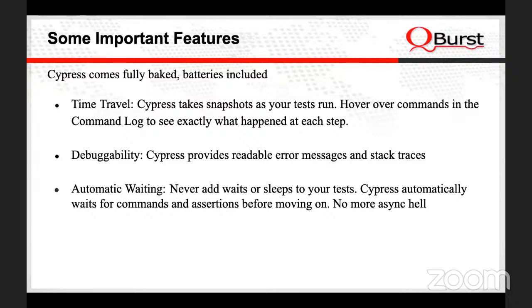And we have already discussed automatic waiting. So we don't need to add any waits or sleeps in our test. Cypress automatically waits for commands and assertions before moving on. No more async hell. And the consistent results. As I said, this is a different approach, and they don't use Selenium in between. Previously the story was different.